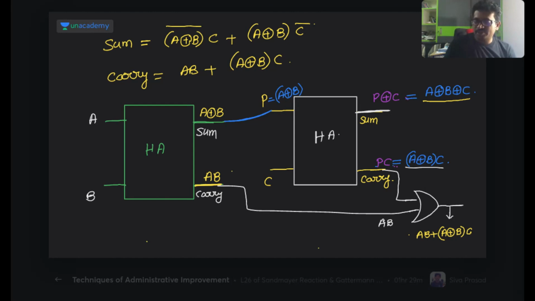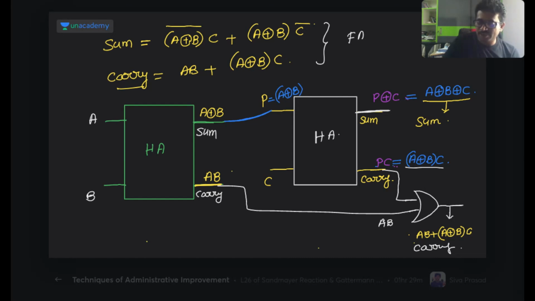This is nothing but the sum expression, and this is the carry expression. So this is the carry. Here this is the implementation of a full adder using these expressions.